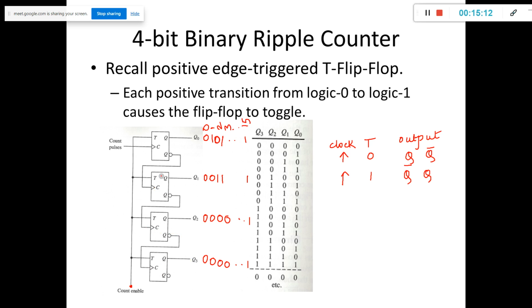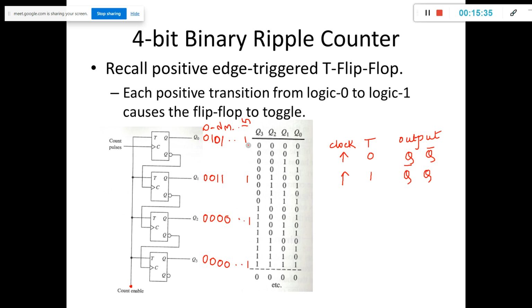Until you get the output of the first flip-flop, the second will not work. Until you get the output of the second flip-flop, the third will not work. Right? Until you get the output of the third flip-flop, the fourth will not work. Okay. So in this way, it will count from 0 0 0 up till 1 1 1.